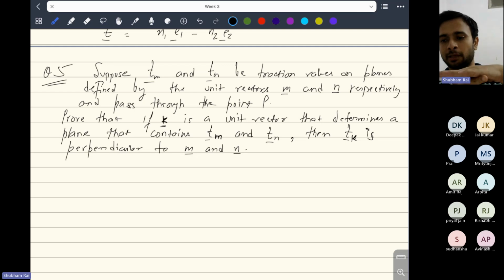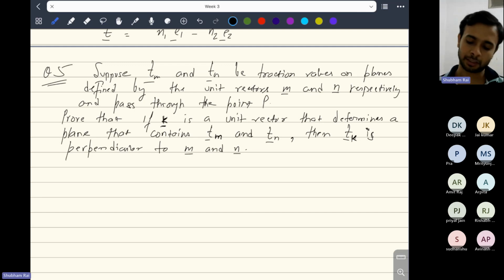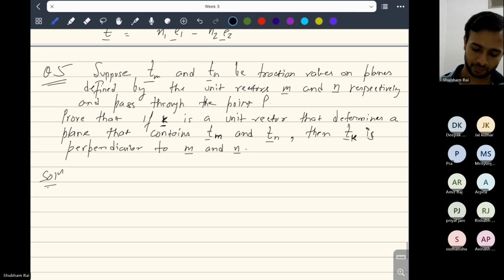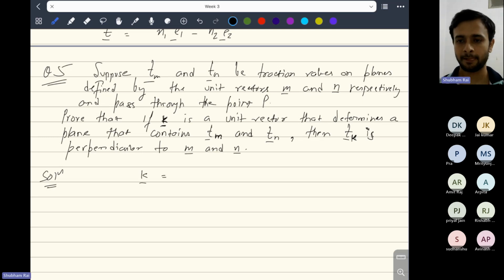So how can we find the normal to this plane? If we take the cross product of these two vectors, Tm and Tn, we can get a normal direction. And since we have taken unit normal vectors, we'll take the magnitude of that as well. So K is a unit vector which is perpendicular to the plane, a normal vector to the plane containing Tm and Tn.